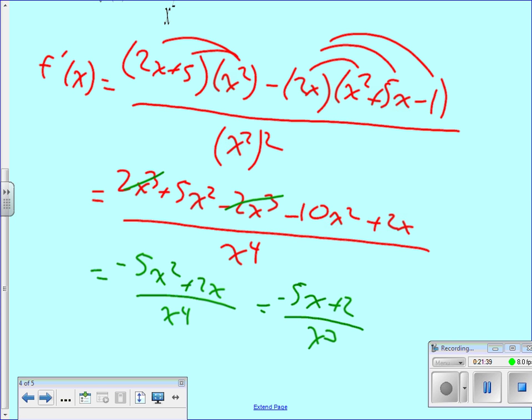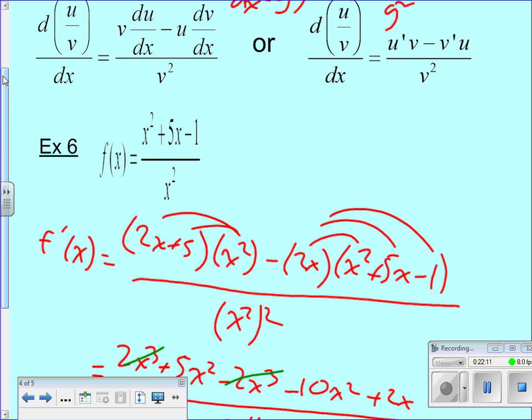Now, is there another way to take the derivative of this function? Yes, there is. What you could do is break it up into several individual fractions, but the only reason I would contemplate doing that is because my original denominator was a single term.